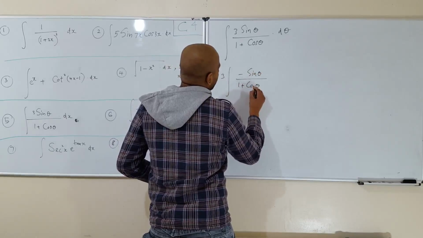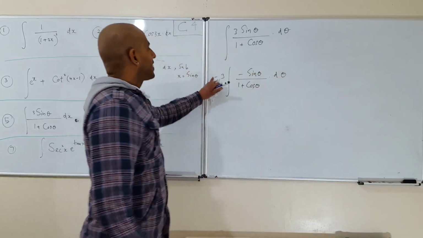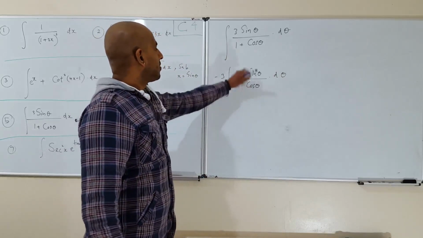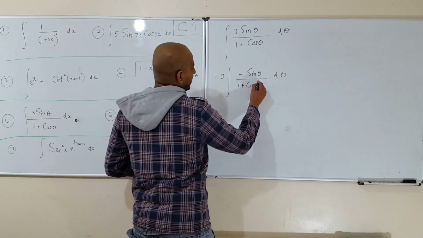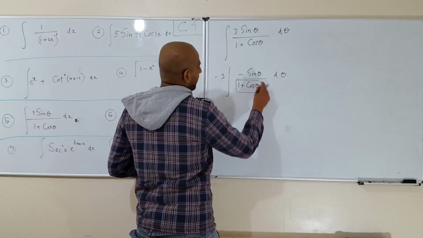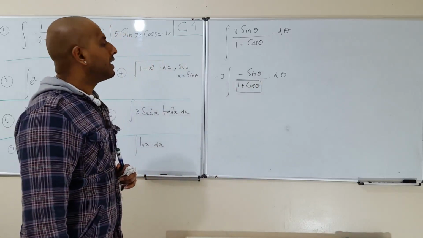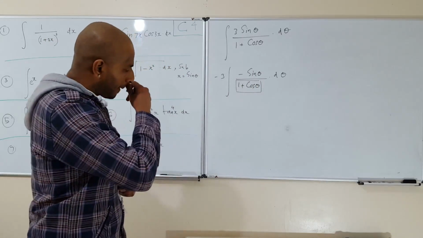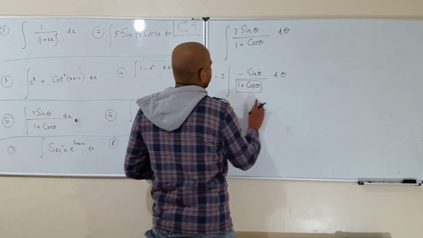See? I think we have not violated the initial function. Minus minus can become positive. 3 is there. So that's the same thing. The whole idea is to get the differential of this. If you can find it on the top, then we know the integral will be ln of the denominator.